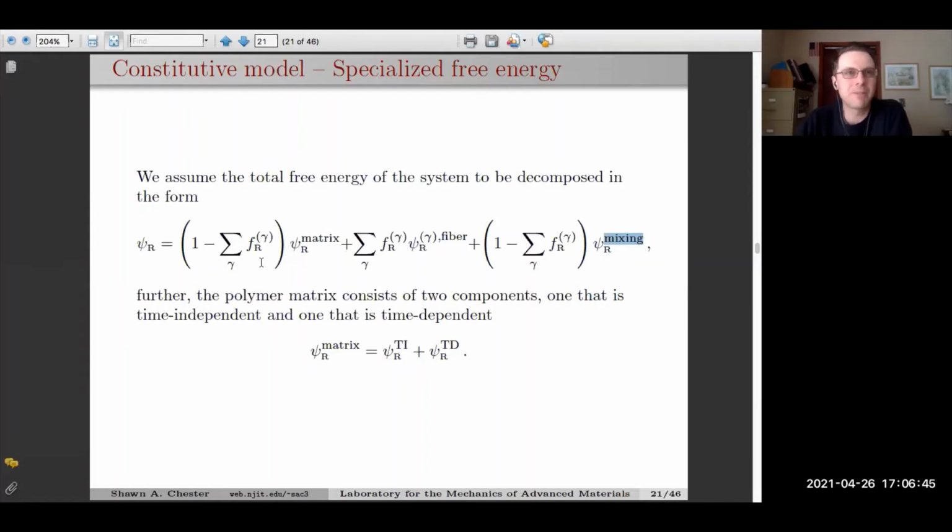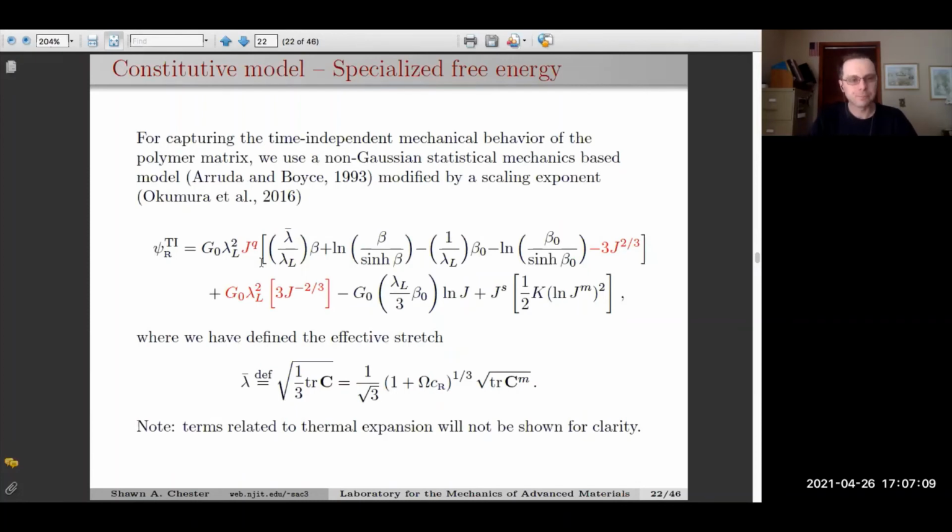And we come to that from doing the creep and relaxation experiments, right? If we did creep and relaxation and we wait a very long time, we get some time-independent behavior in terms of stress and stretch. But then if we do load and unload at different rates, we see obviously there's some viscosity going on in there. So that's where the time-dependent part comes into the picture.